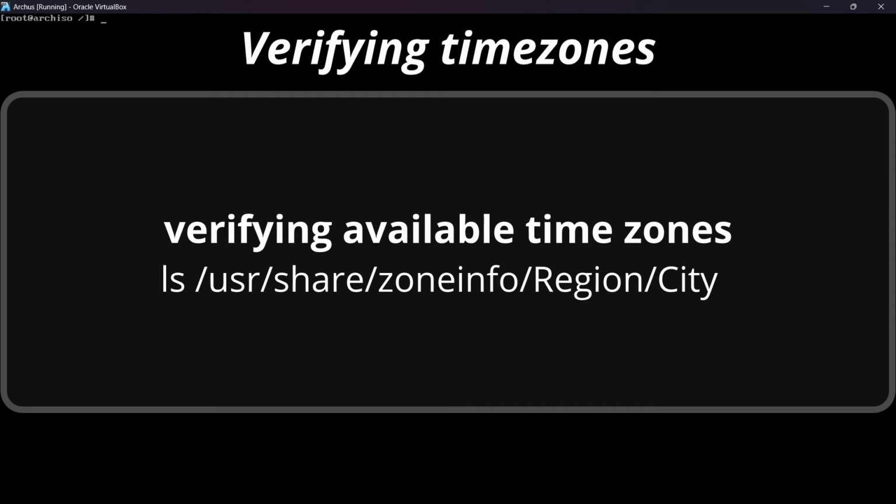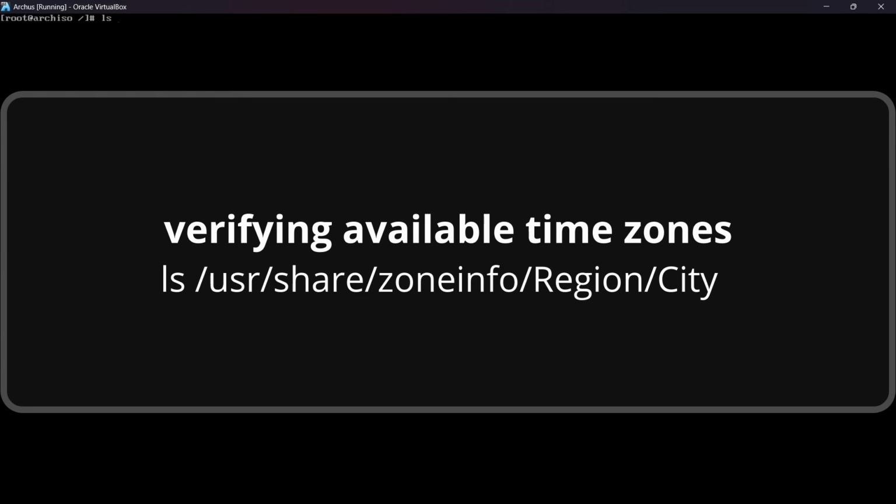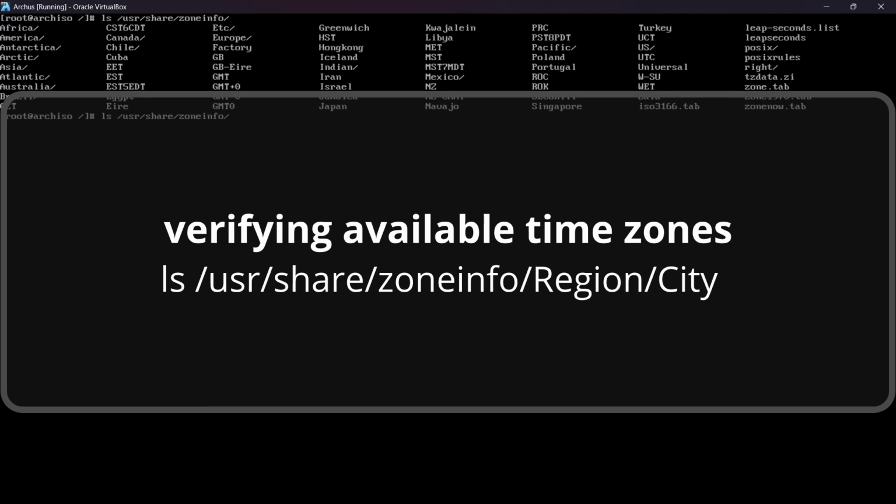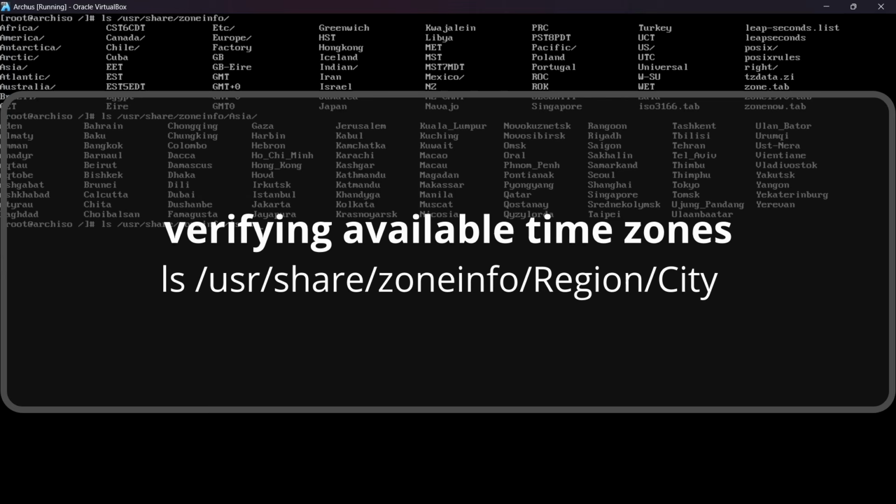And we're going to verify available time zones and set local time with ls /usr/share/zoneinfo and the region and city. Basically, after zoneinfo, you just want to tab. If it doesn't work the first time, you want to do it again, and you see regions. You'll want to pick your region. In my case, it was Asia. Hit the tab again and pick your city.